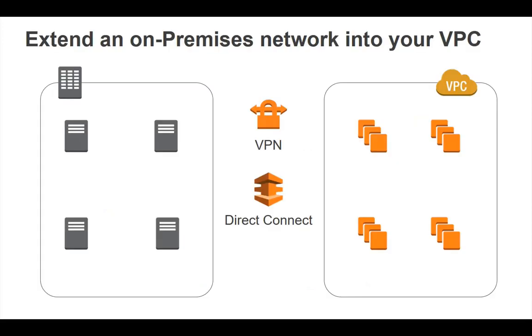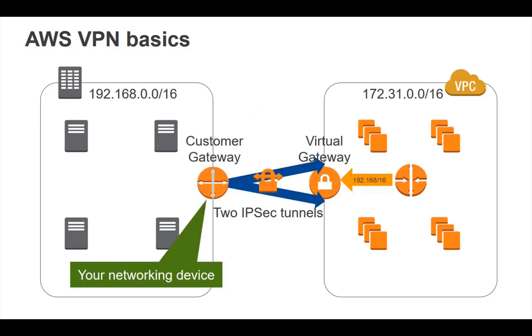One other thing worth mentioning on this connectivity issue is you can use virtual private networks to communicate between your on-premises network and the one in the cloud. And you're going to do that with a customer gateway on your on-premises system, this time we're on the left, and then you have a virtual gateway in the cloud, and you'll communicate across both of those devices using what we call IPsec tunnels.